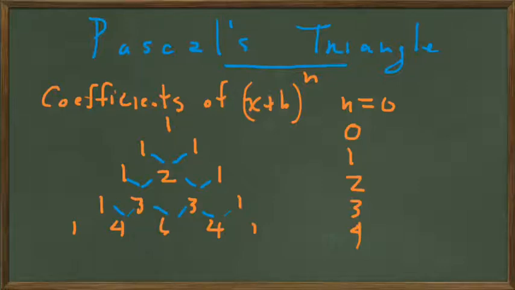And you can also see that the next row should be what? 1, 5, 10, 10, 5, and 1. Now these numbers that we have here give us the coefficients of the expansion of the binomial x plus h to the n. So let's see what we mean by that.